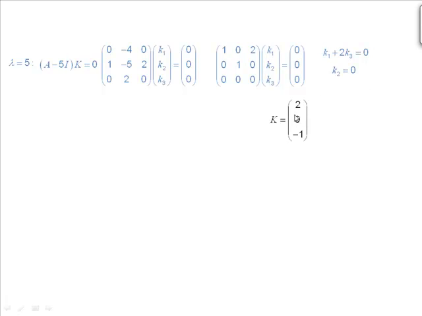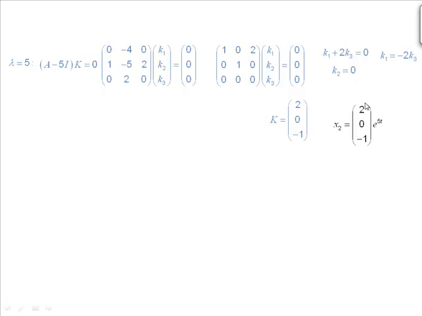So k2 is 0, and k1 is -2k3. So if I let k3 equal -1, then k1 is -2 times -1, which is 2. I get a second solution of the column matrix 2, 0, -1 times e to the 5t.